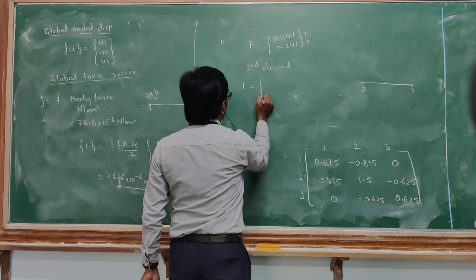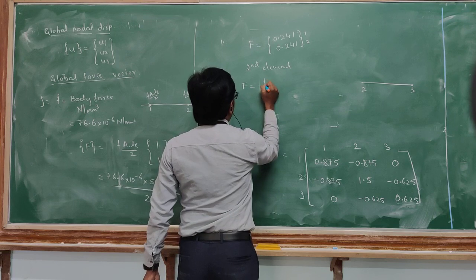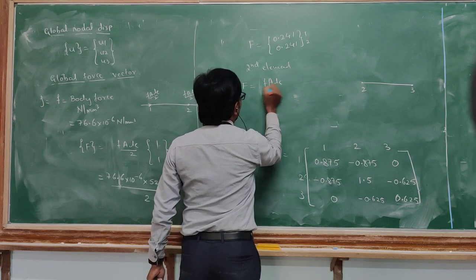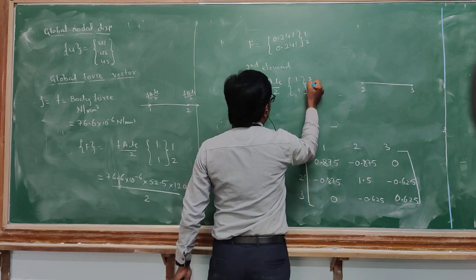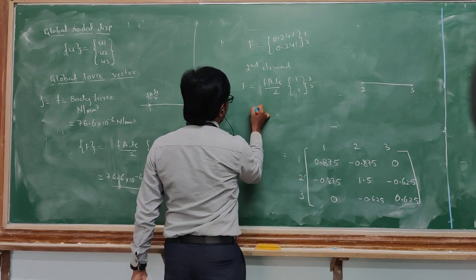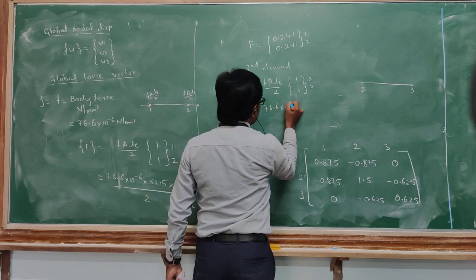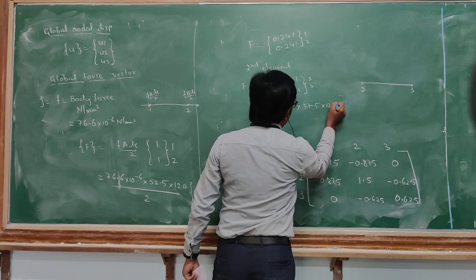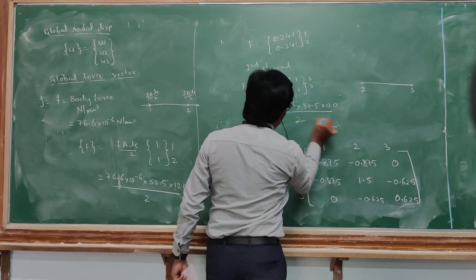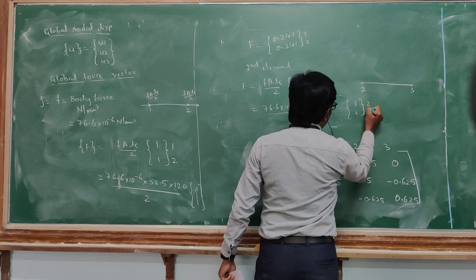F is equal to F a Le by 2 1 1. So this is 2 and 3. When you solve this, it will be 76.6 into 10 to the power minus 6 into 37.5 into 120 divided by 2, and the nodes are 2 and 3.